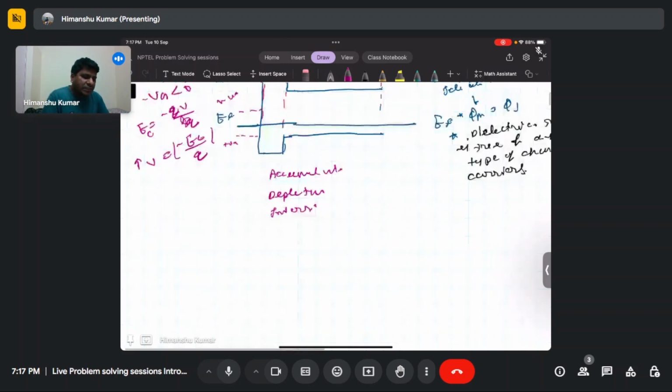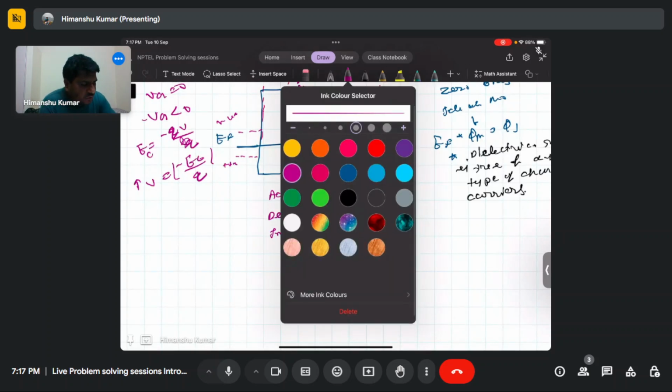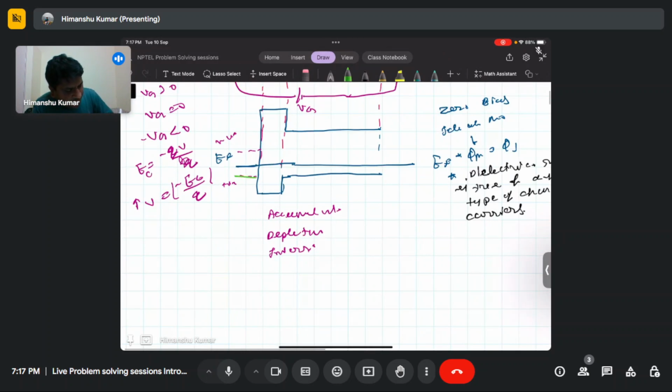So when you apply a positive gate bias, the band at this side will become lower. This lowering of the band is minus Q times Vg, and it will pull the band in the oxide region.